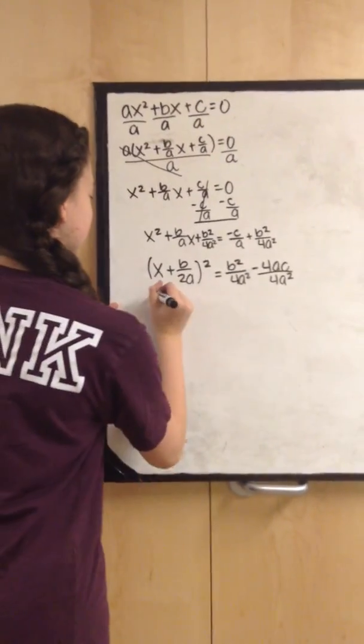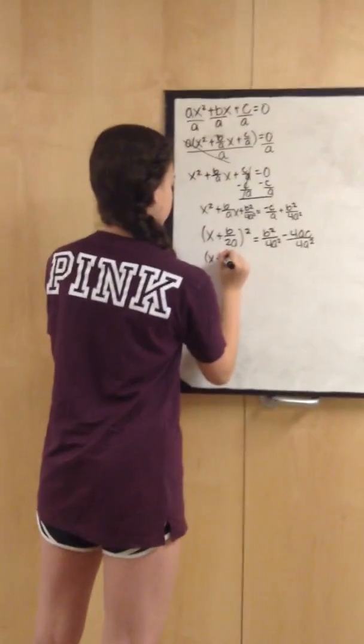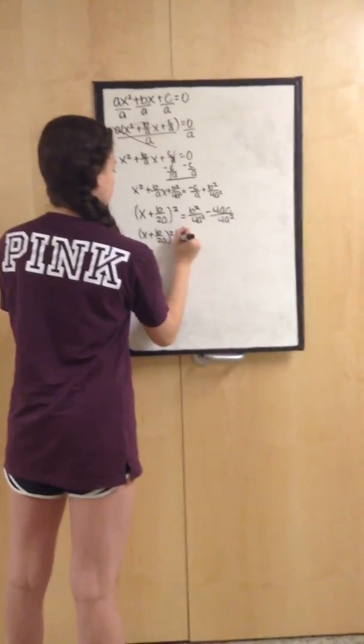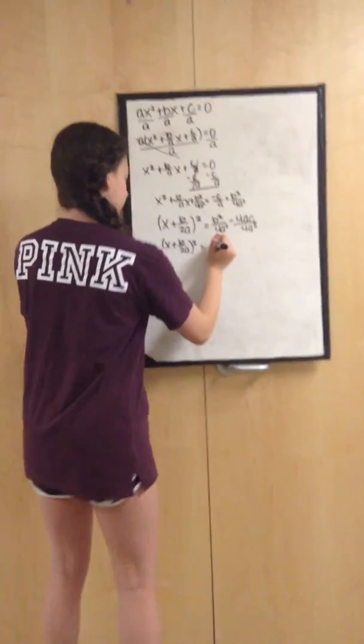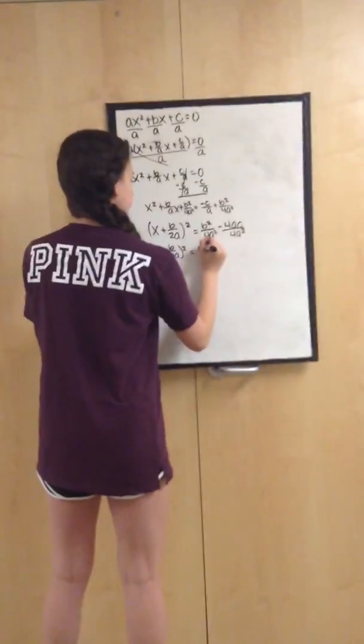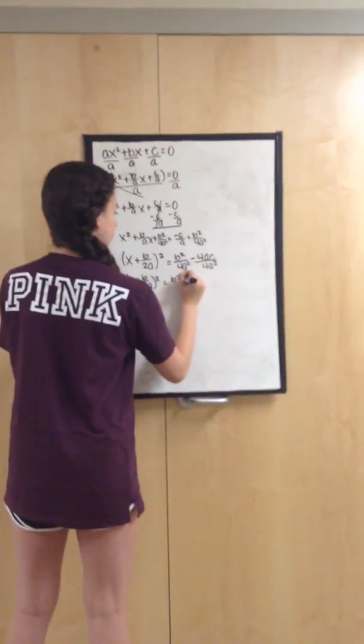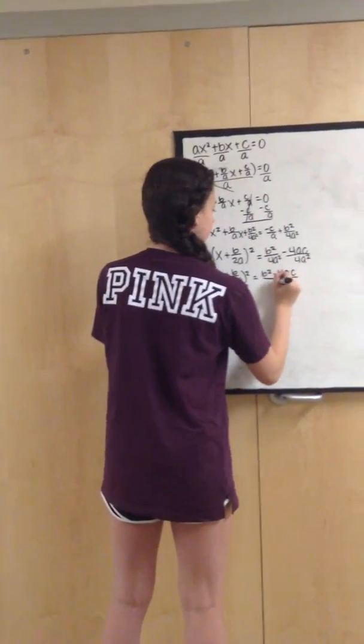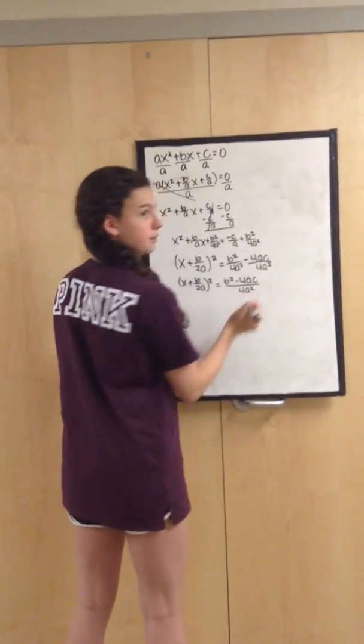And that would give you b squared minus 4ac all over 4a squared.